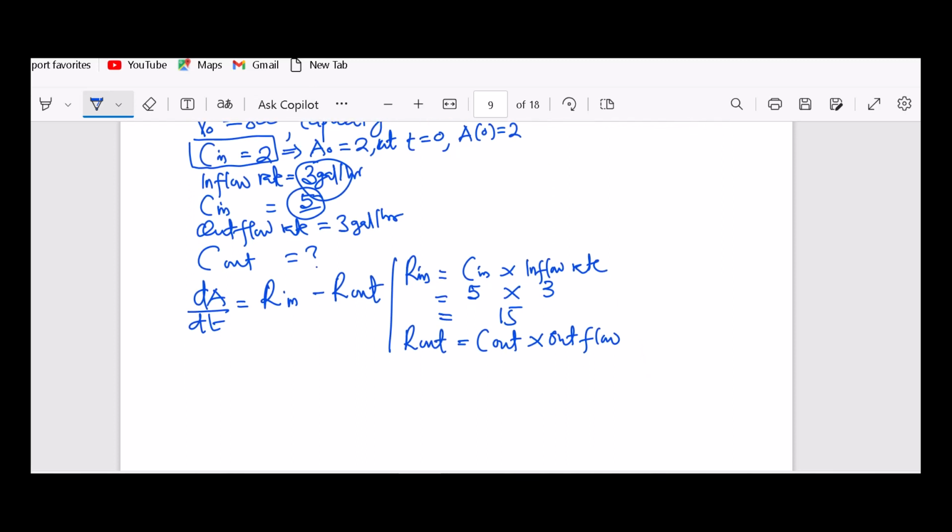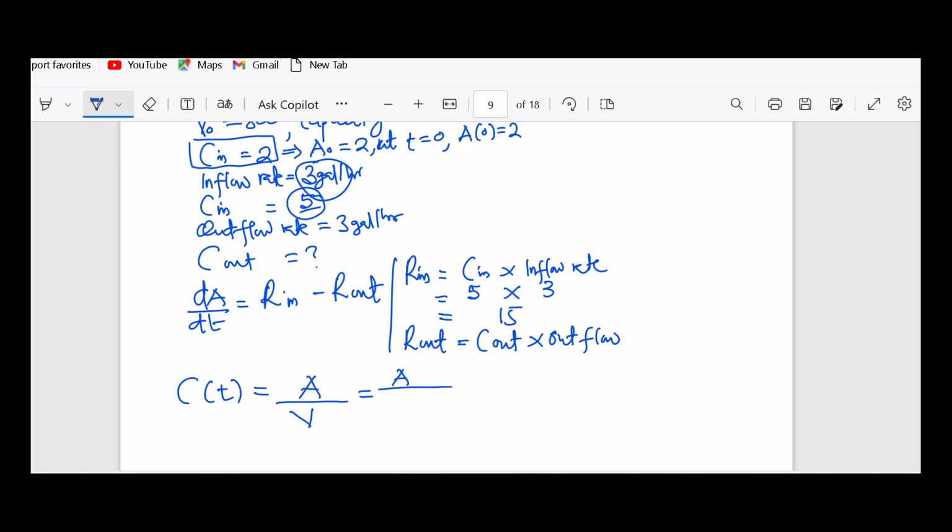But concentration, in other words, the amount of substance in a tank, is given by the amount of substance over the volume. Now the amount of substance we don't know, so we can say A all over the volume.